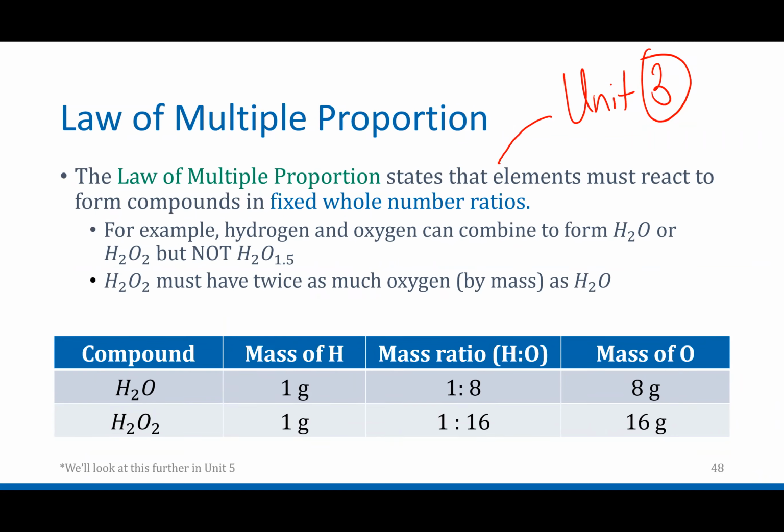But this basically is a little reminder, or maybe all I really need to explain to you today is when these elements get together, think about what an element is. An element is a chemical that cannot be broken down, or an element is a substance that cannot be broken down by chemical means. So when you write a formula for a compound, or when you're even just thinking about a compound, they have to be whole number ratios.